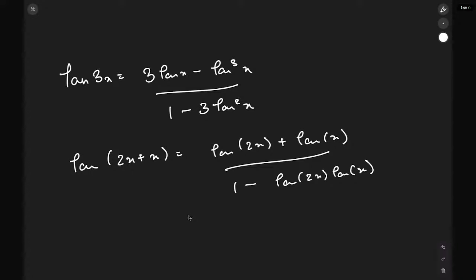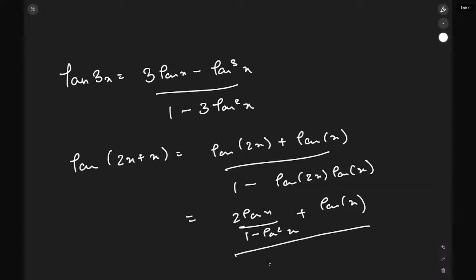Then again tan 2x will follow the same method: 2 tan x upon 1 minus tan square x, plus tan x, and whole divided by 1 minus 2 tan x upon 1 minus tan square x multiplied with the tan x.